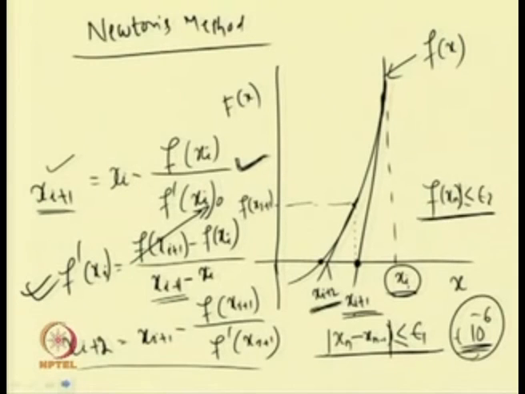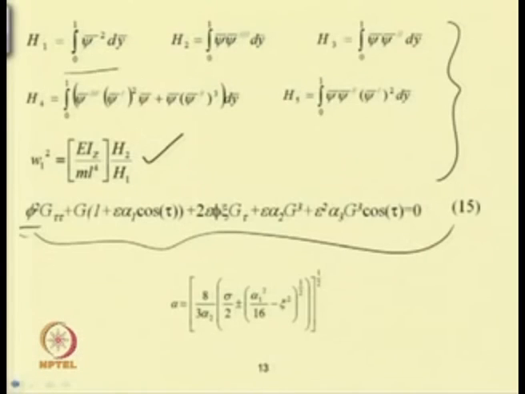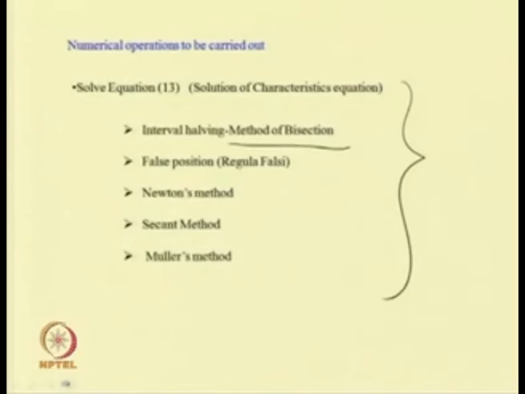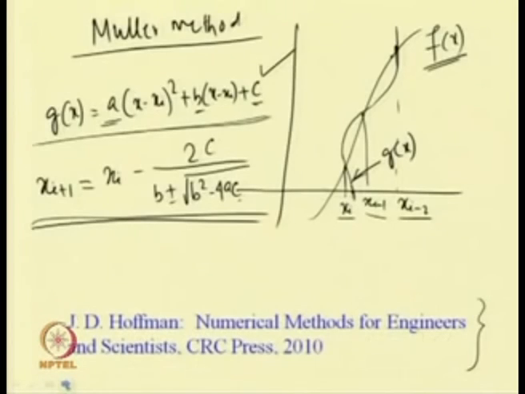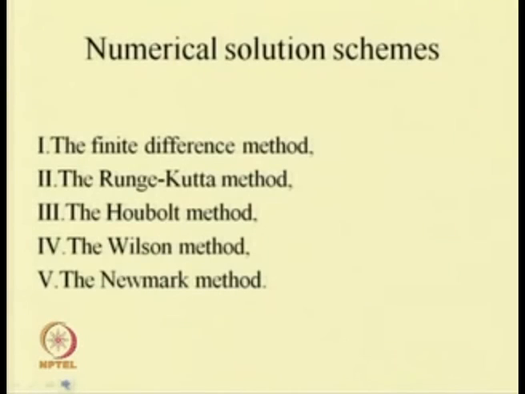After obtaining these coefficients, one can solve these equations either by the perturbation method or by using a numerical solution method. To solve numerically, one may use the Runge-Kutta method, or one may use other numerical solution schemes, for example the finite difference method, Runge-Kutta method, Houbolt method, Wilson method and Newmark method.